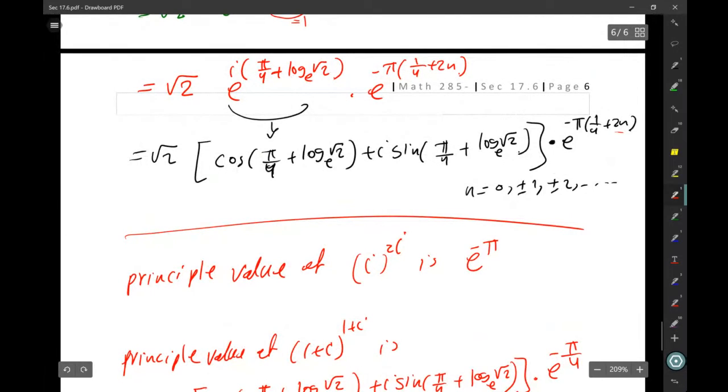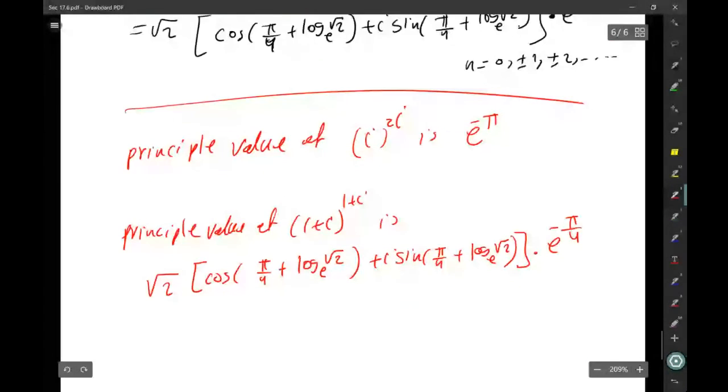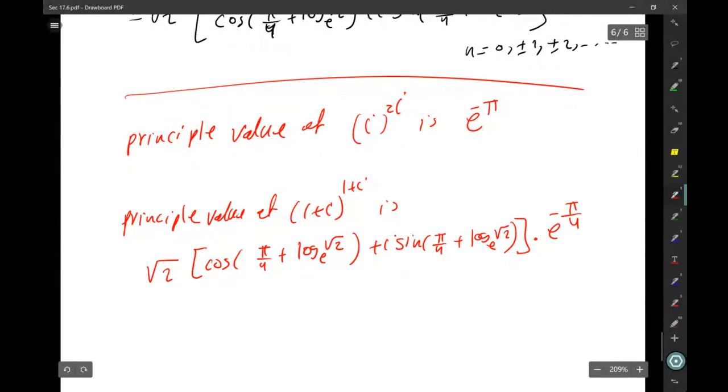We'll take n equal to 0. Is it clear how you can apply the power over complex numbers?